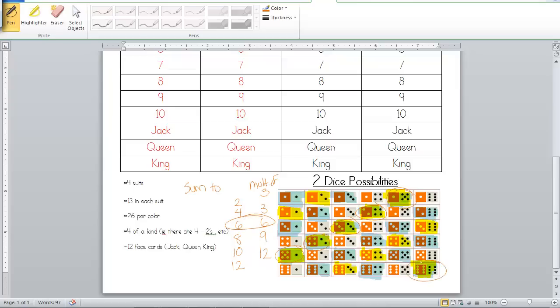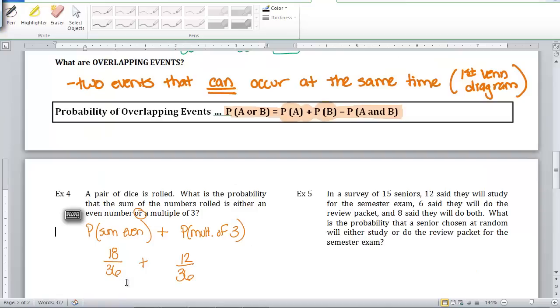Also, when I summed to 12, I was summing to an even number and a multiple of 3. So that happened 6 times. That means we included those 6 possibilities twice. We only want to include it once. So now we have to subtract out the probability of both. And again, that was 6 times out of the 36.